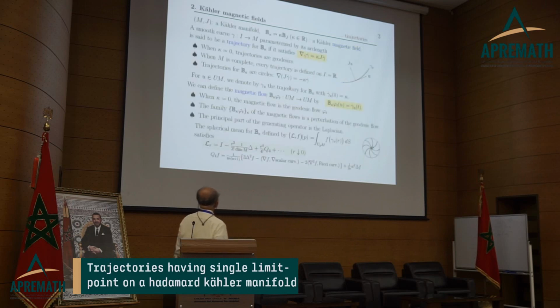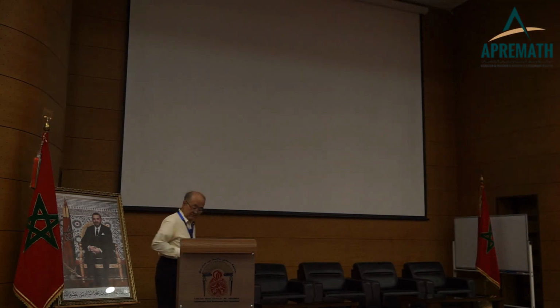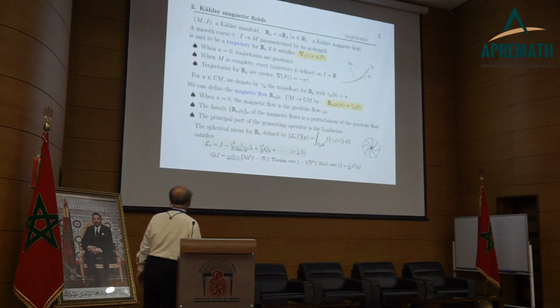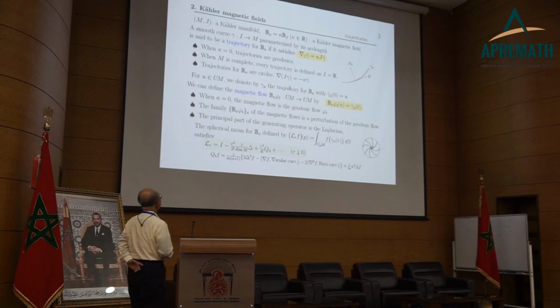Here, given a Kähler manifold, we take the Kähler magnetic field, which is a constant multiple of the Kähler form. A smooth curve parameterized by its arc length is said to be a trajectory or a magnetic curve for this Kähler magnetic field if it satisfies these equations.